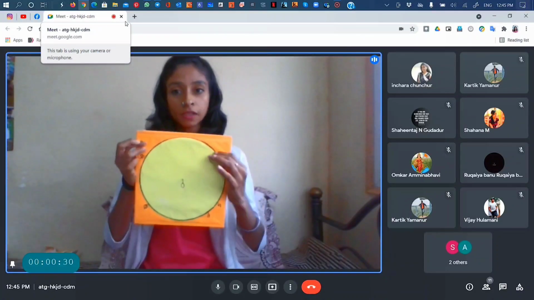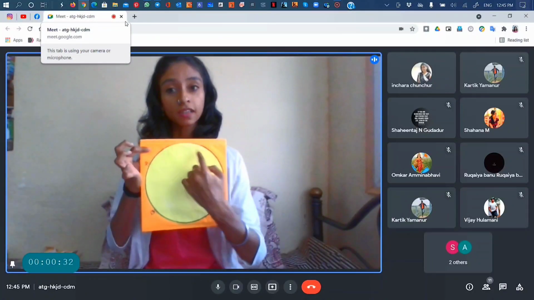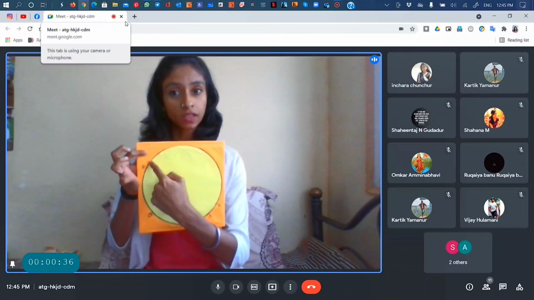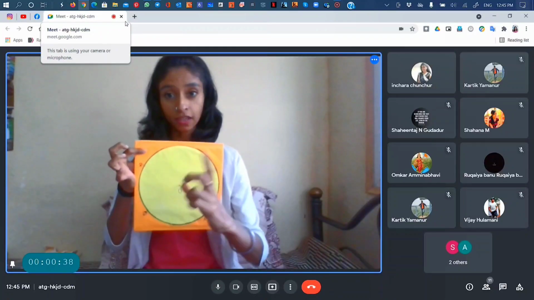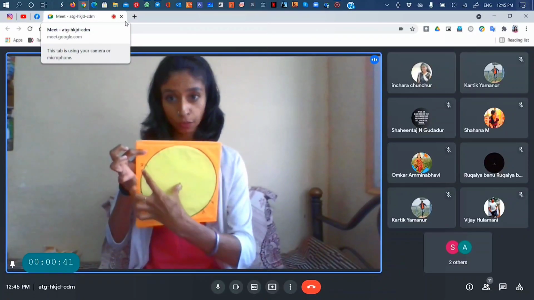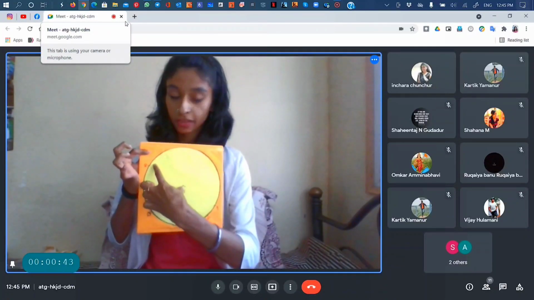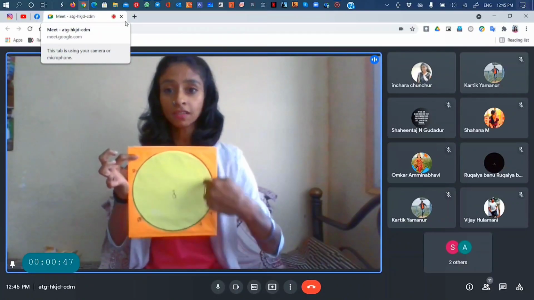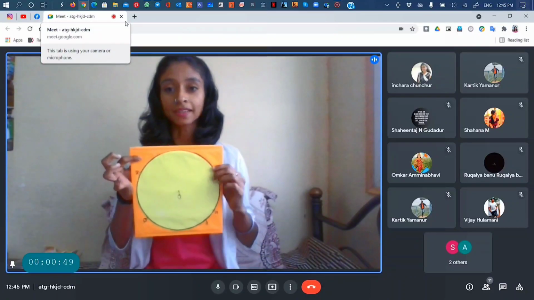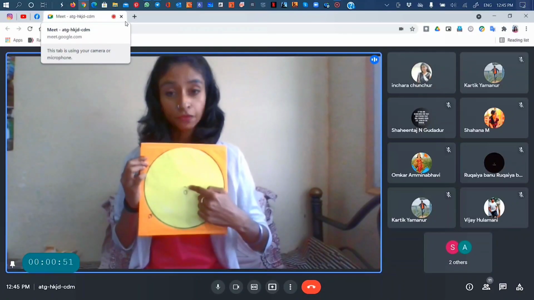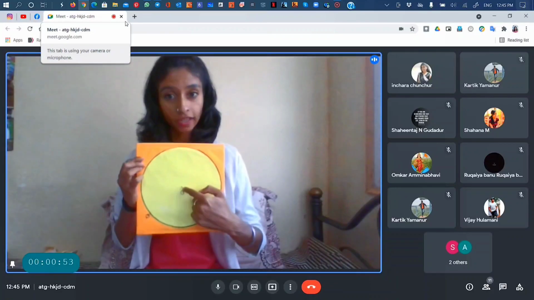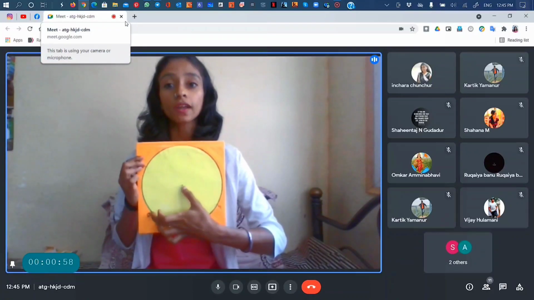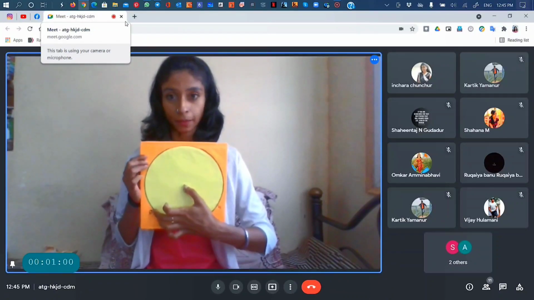So, in this process, a circle is a collection of points. This one circle is a collection of points drawn from one fixed point at a fixed distance, and it creates a circle, right? That fixed point is called the center of the circle, and that fixed distance is called the radius of the circle.